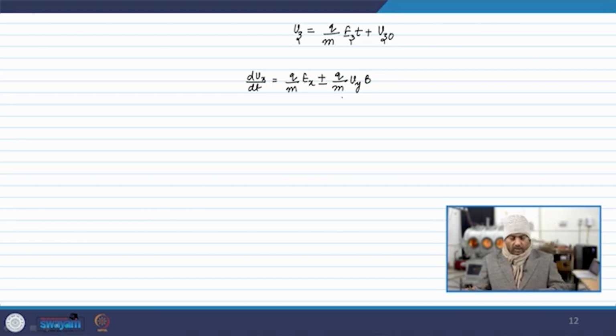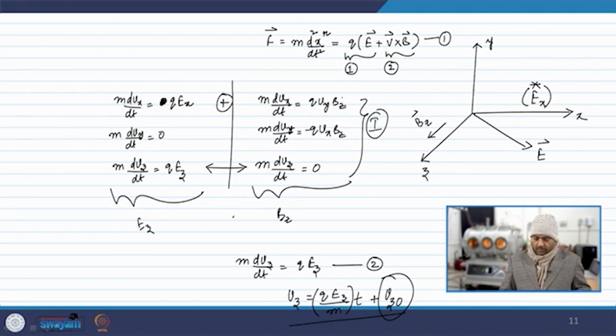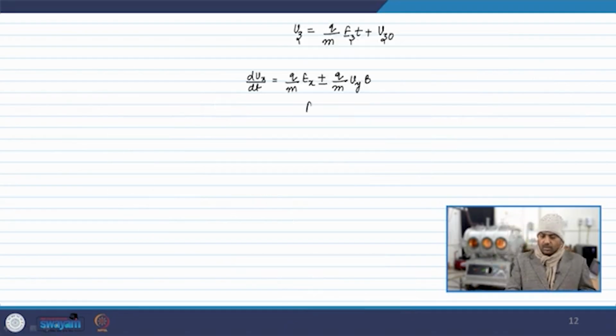So, similarly, we can have the third equation. What is it? You see, Vx we have taken care of, Vz we have taken care of, Vy. Is there any component of electric field along the y direction? No, it is not there. So, Ey is 0, and we write these as equations 3 and 4.